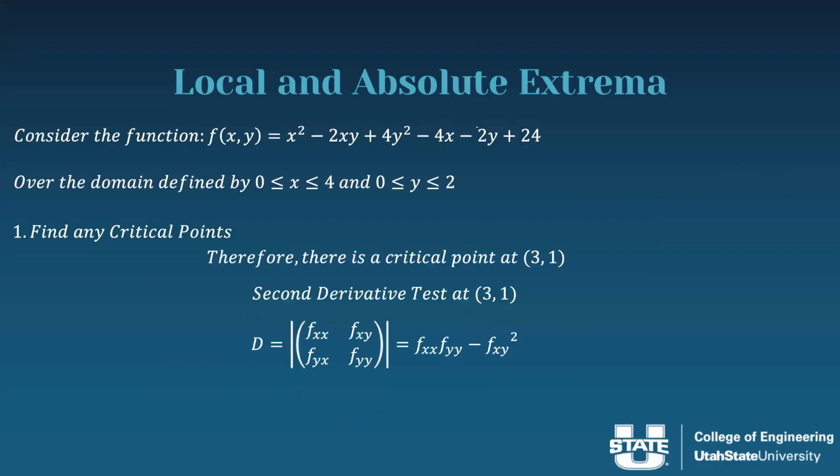Now we want to do our second derivative test at that (3, 1). So we need to find our second partials. Our first partials were f sub x equals 2x minus 2y minus 4, and f sub y equals minus 2x plus 8y minus 2.